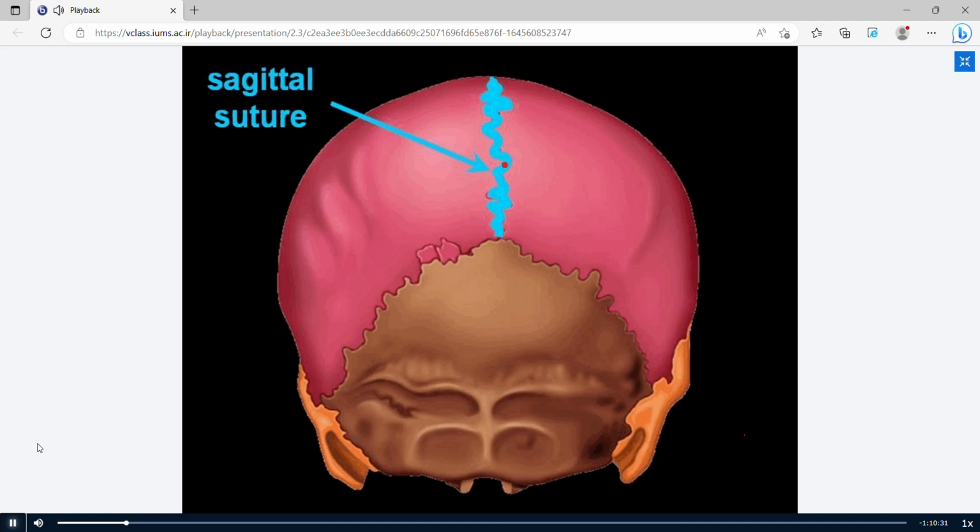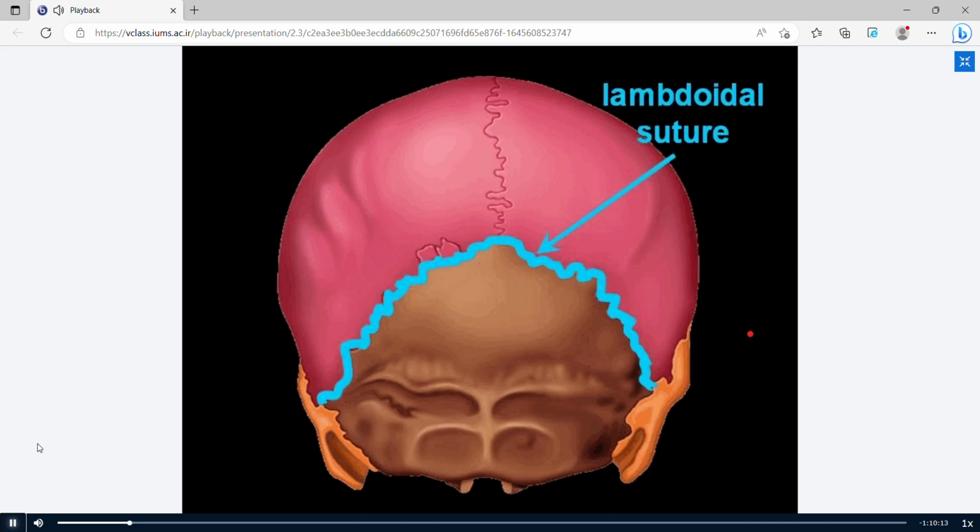And there is a sagittal suture between the two parietal bones, and another suture is the lambdoid suture. Actually, the lambdoid suture is located between the two parietal bones and the occipital bone. This is the lambdoid suture.